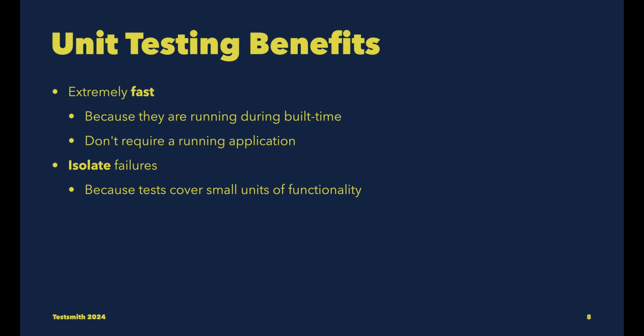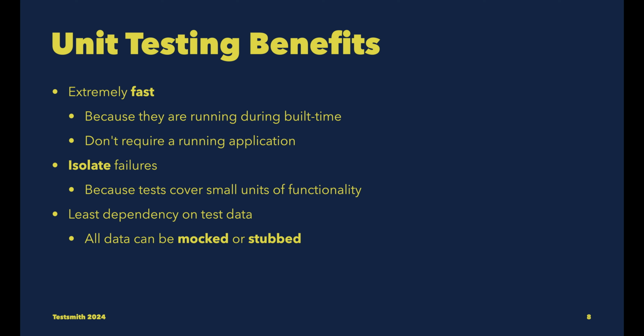The higher you get in this software testing pyramid, the more unclear it will be. Those tests have the least dependency on test data, because all data can be mocked or stubbed, which I'll show you later on. It enforces a testable application design. This can be achieved by applying design patterns.